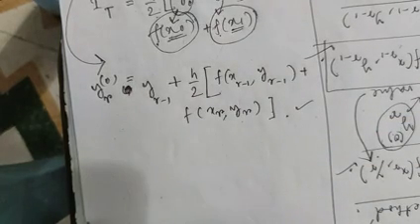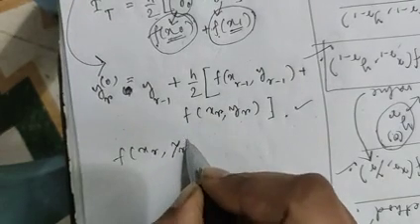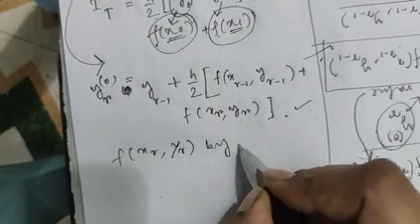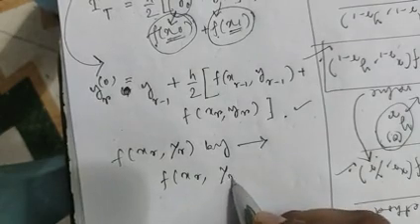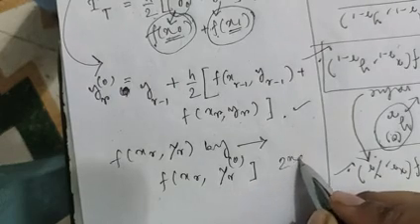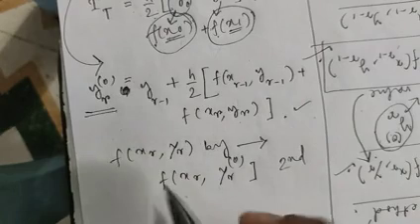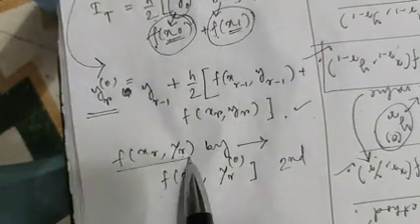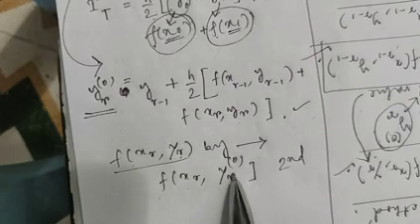Now here we will replace f(x_r, y_r) by its approximated value, that is f(x_r, y_r^(0)). Then we will get the second approximation. This is our first approximation. To get the second approximation, instead of f(x_r, y_r), we will apply its approximated value f(x_r, y_r^(0)).